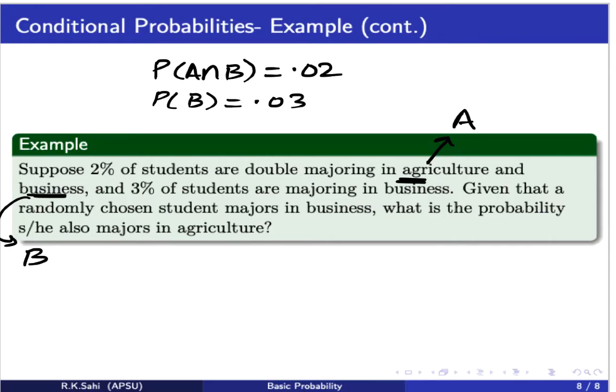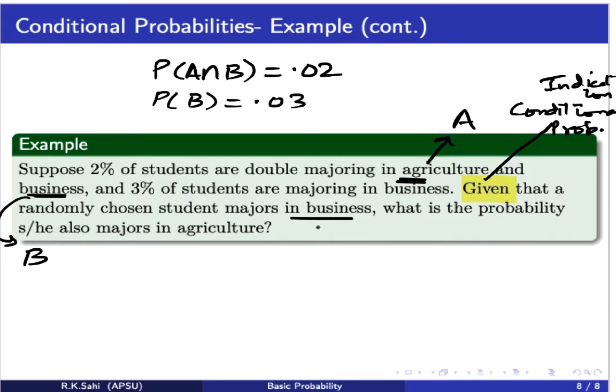Very important. Let's look at the words first. Given. Given means what? It's an indication of conditional probability. Okay, now any event which comes after the word given is always going to be in the denominator.